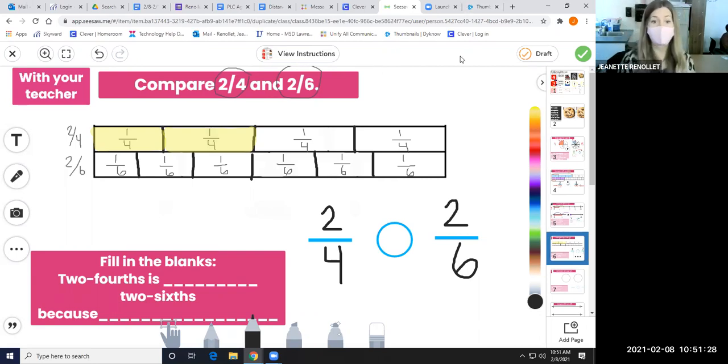Great work with your partitioning and your labeling of the unit fraction. Now we can represent 2/6. So we can get our highlight tool and we can shade in 1/6 and a second 1/6, which is the same thing as 2/6.